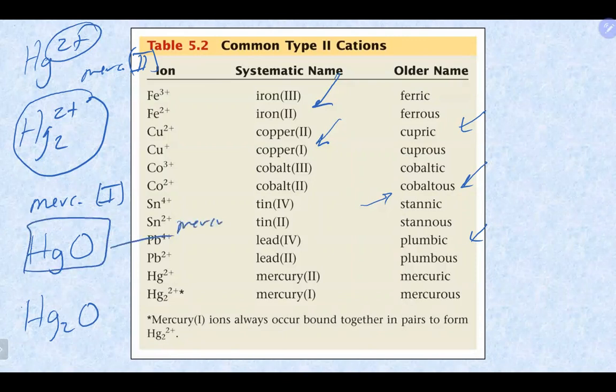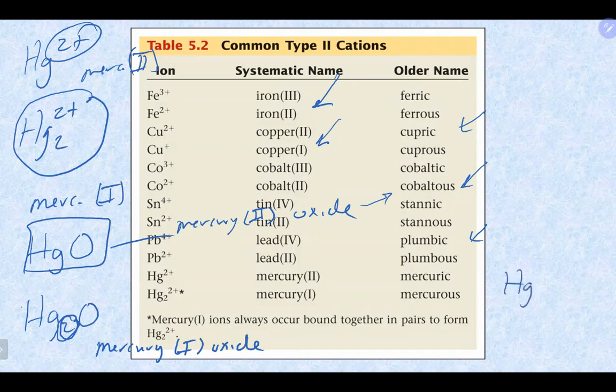And this is mercury 2 oxide. This guy where the extra 2 is on the bottom is actually mercury 1 oxide. So that extra 2 stays with the formula. You only need one of those because this guy technically is Hg2 2+ and O 2-.